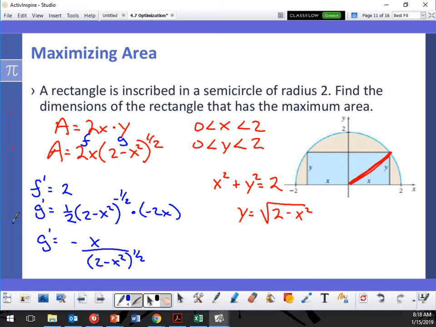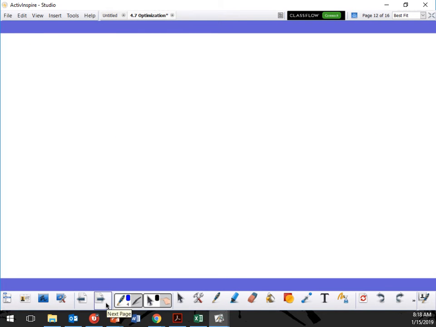Yes? All right, good. So I'm going to carry this over to the next slide so you guys can see this. Okay? I hate cramming all my work. So we say, what was f? And g prime? Negative x over. Okay, good.